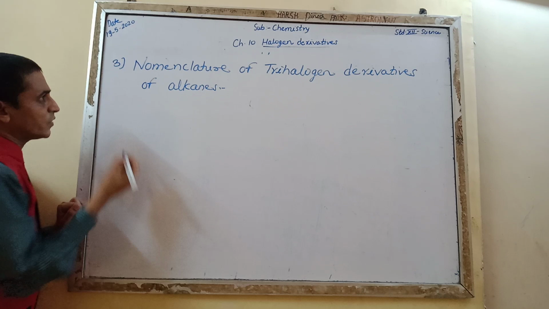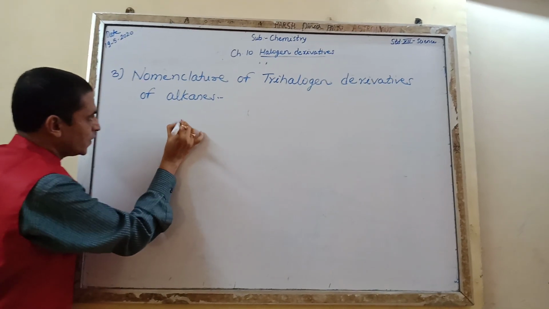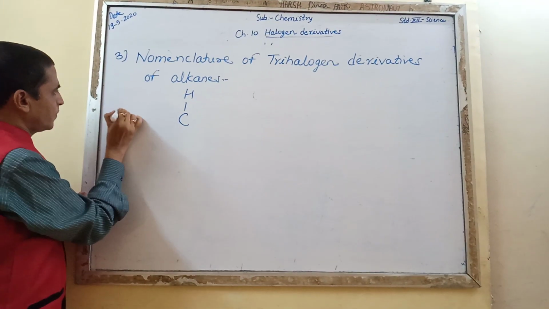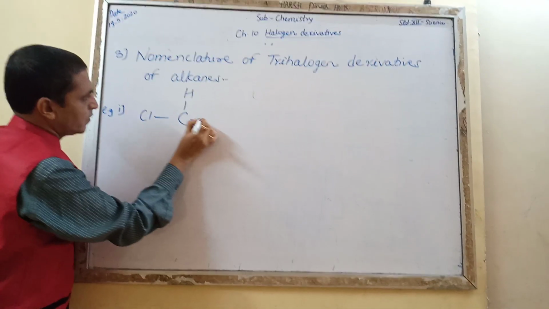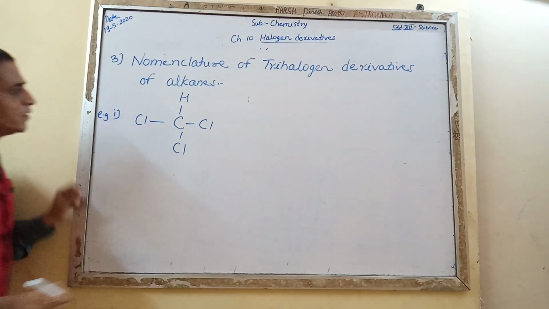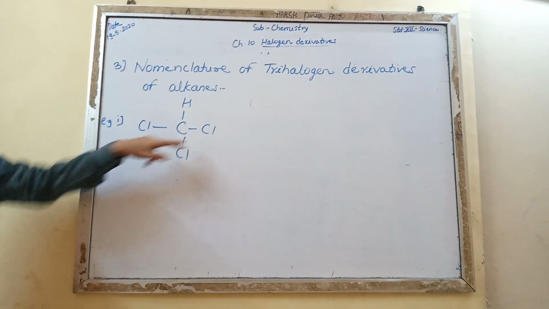See here, it can start directly. CHCl3. This compound contains three halogen atoms, so they are called trihalogen derivatives.